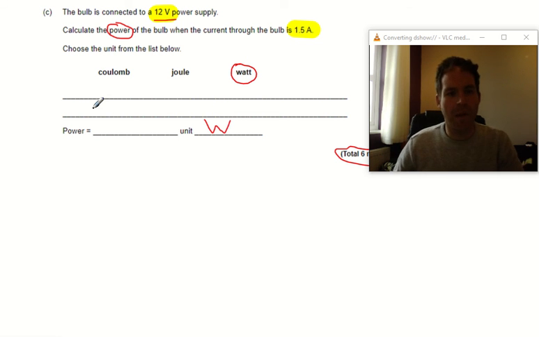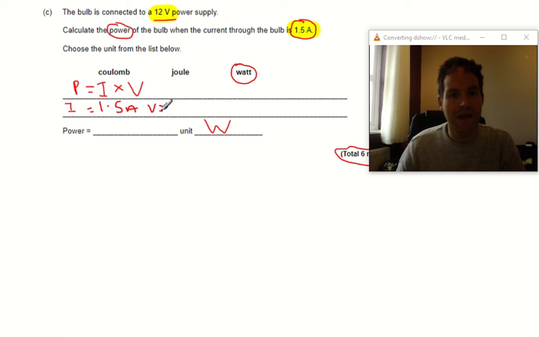And then we have to remember our equation of power. Okay, power equals I times by V. P equals I V. So I, in this case, we've got here as 1.5 amps, and V equals 12 volts.